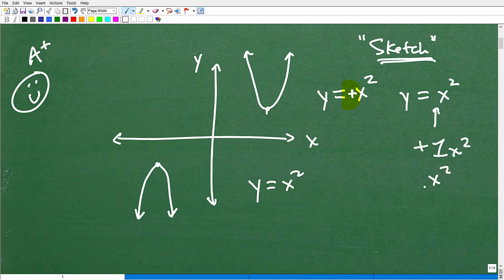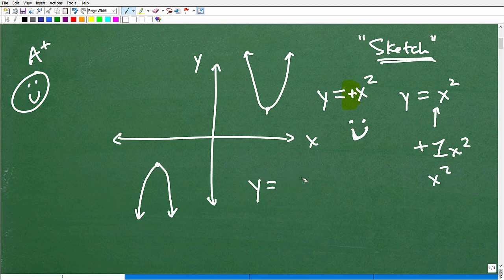So when the sign of the x squared coefficient, that part of the quadratic equation, is positive, then your parabola is a happy parabola. You see my little face right there? Look at that big smile. That's the way I like to teach it. If it's positive, then you have a happy face, and it's going up like so.